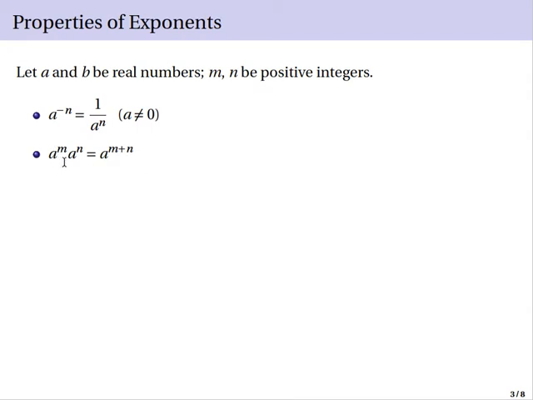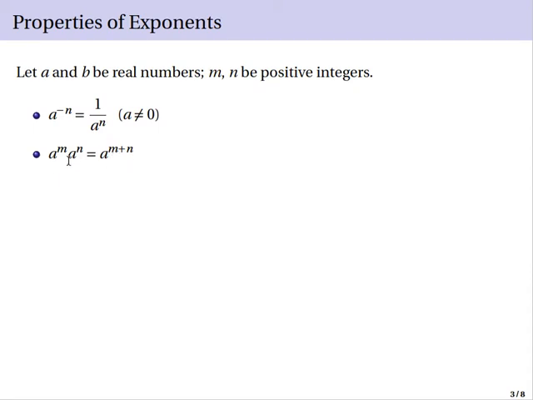Next property is that when you have two exponential expressions with the same base and you multiply them, for example this one, a to the m times a to the n, what we do is we copy the base and then we add the exponents. So a to the m times a to the n is equal to a raised to the power m plus n.